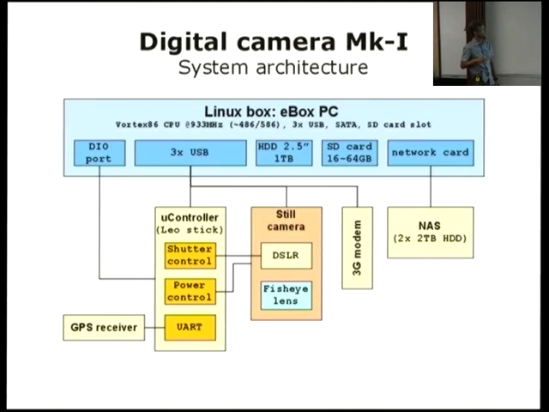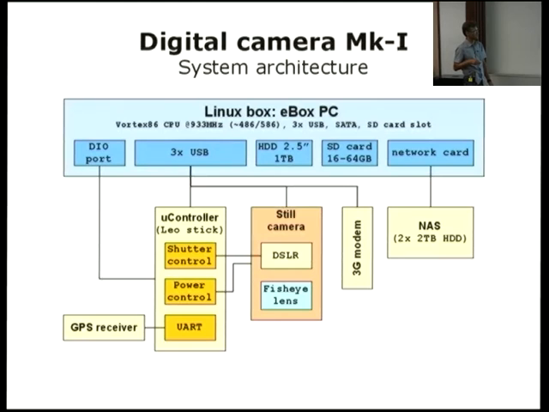Besides the PC, there is again a microcontroller, which is a Leo stick. That's an Arduino-compatible, memory-stick-size microcontroller, and that controls, or actually triggers, the shutter based on GPS time.